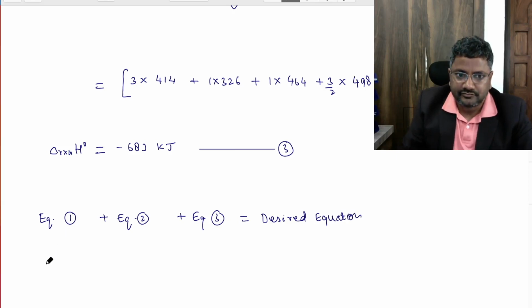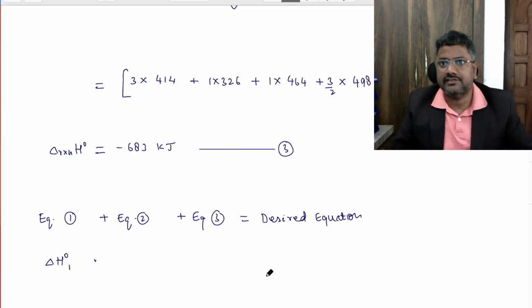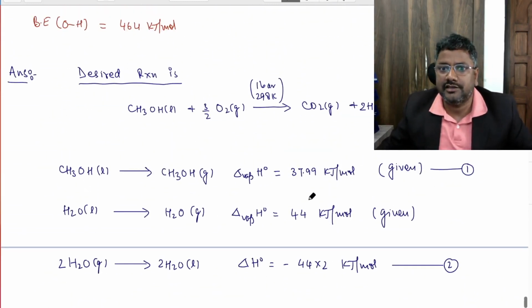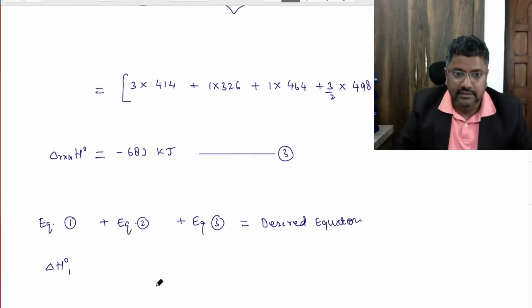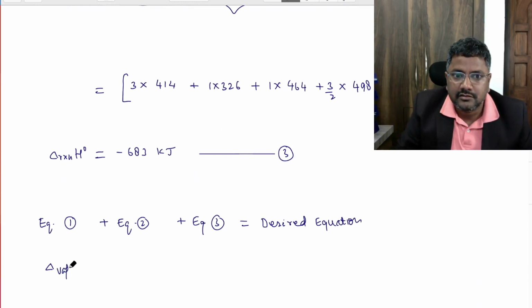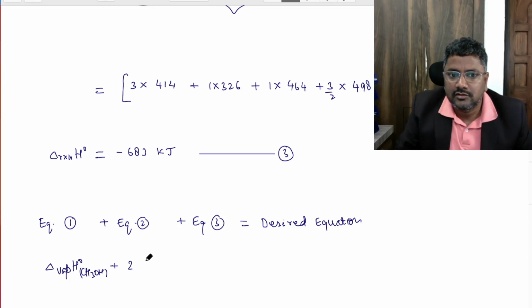So delta H naught for 1, that is delta H vaporization, equation 1, 37.99, delta H vaporization of methyl alcohol, plus 2 into delta H condensation for water, plus this delta H naught of reaction what we have calculated.